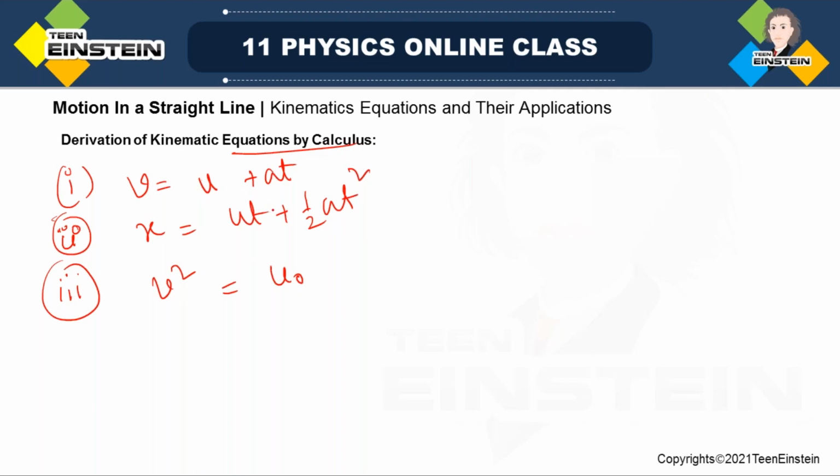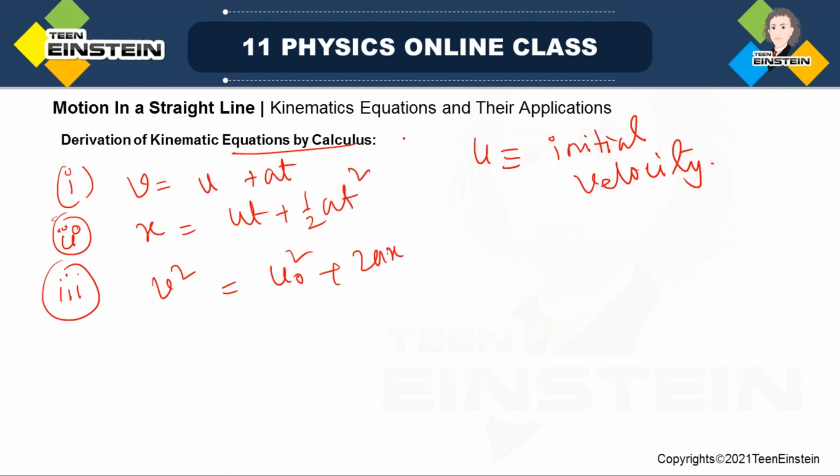I'm denoting it again as u, because I am very much accustomed to using u for initial velocity. Please forgive me. This is the initial velocity.